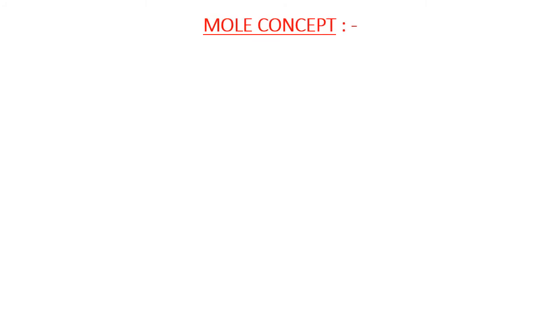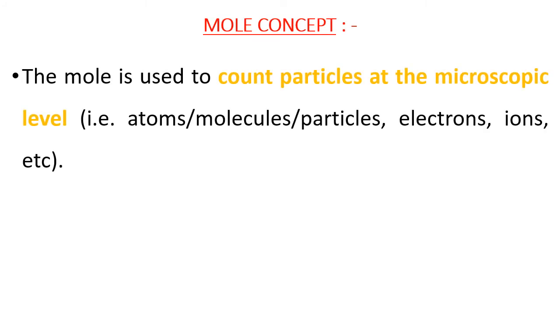Now let us know about the mole. The mole is used to count the particles at the microscopic level, that is atoms or molecules or particles or electrons or ions.